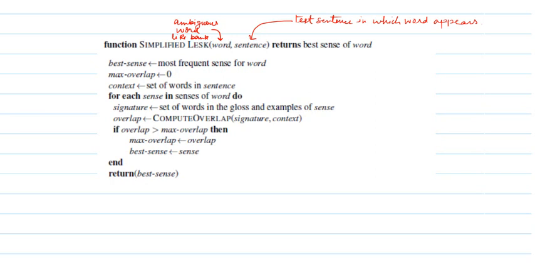So we assign a variable best sense as the most frequent sense of the word, and we assign another variable, the maximum overlap, to 0. So the best sense is assigned as the most frequent sense of the word.